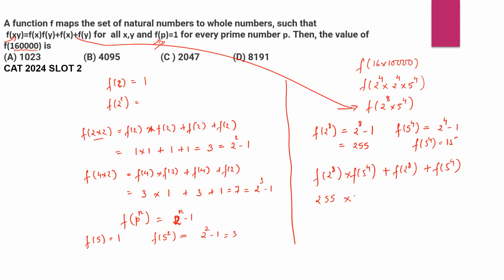F of 5 to the power 4 should be 15. So now you're left with 255 into 15 plus 255 plus 15. When you solve this, you get the sum as 4095. The correct answer has to be the second option.